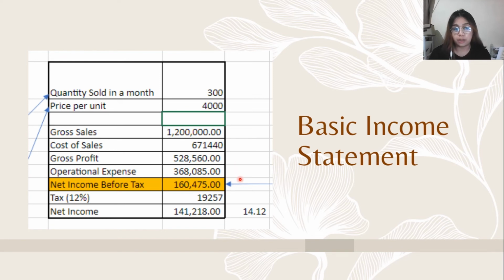The tax of 12% will be 19,257. And our net income is 141,218. If we invest 1 million in the first month and we divide the net income by it, we get our ROI of 14.12%.